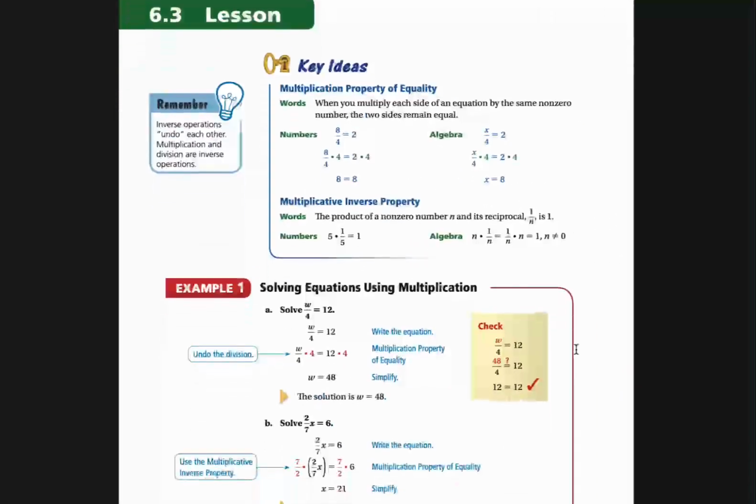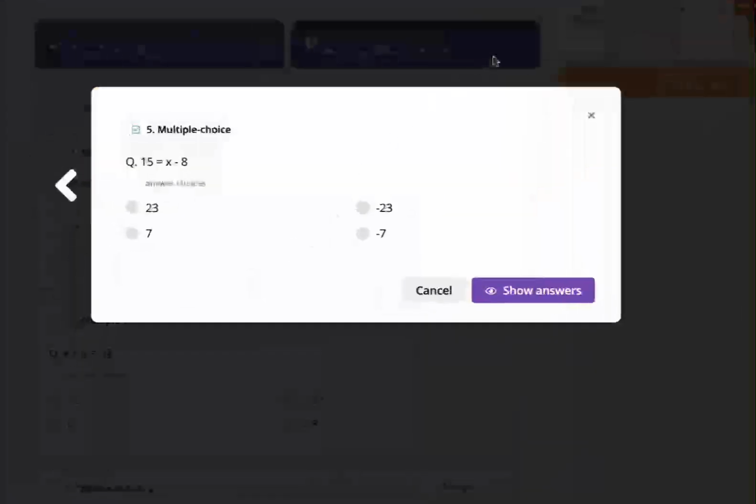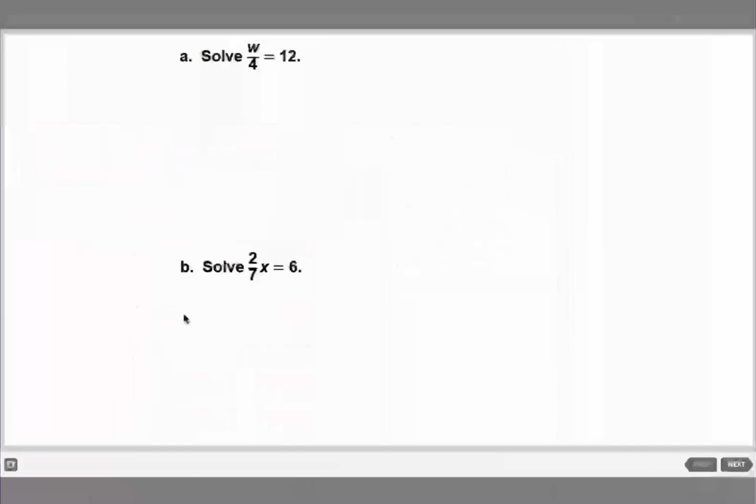Okay, let's see an example to make sure that we understand these two. For this example, I use this page. Let's solve the first one, W divided by 4 equals 12. As we did before, this is division. What is the inverse operation of division? Help me, my heroes. The opposite of division?